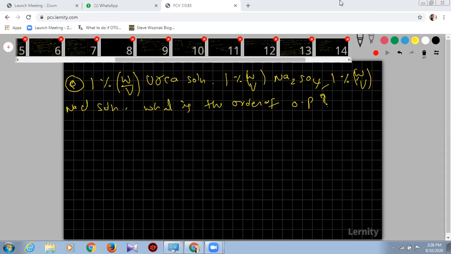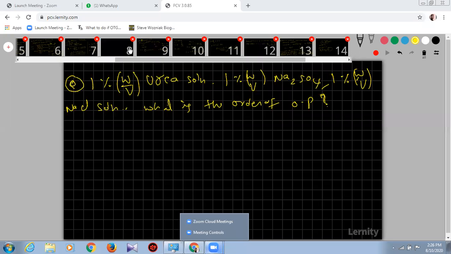That's why you will get one. Someone is telling NaCl, urea, Na2SO4. Someone is telling Na2SO4 greater than NaCl greater than urea. Sir, without the formula, can we say that the more the number of ions, the more the value of i? Yes, sir. Very good question. We will see here.